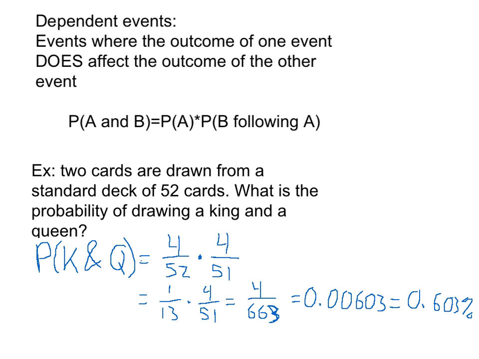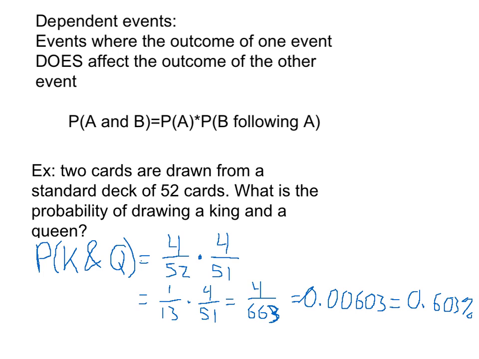If they're dependent, you multiply the probability of the first one happening times the new modified probability of the second one after the first one already happened. One key thing to notice here as well, though, is that for both of these types of events, dependent or independent, we're looking for A and B, and we end up multiplying on the right side.